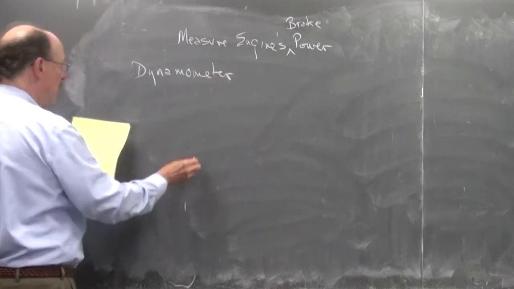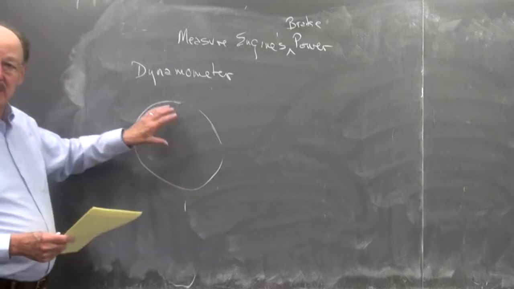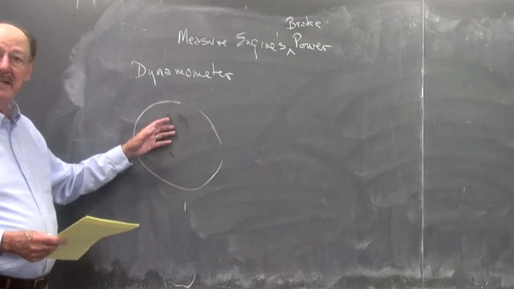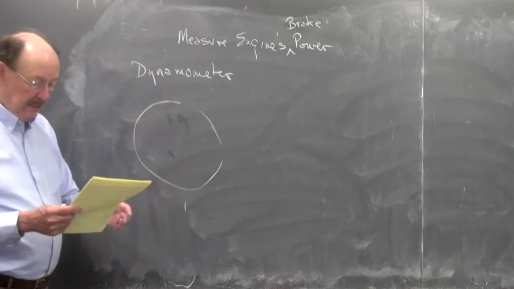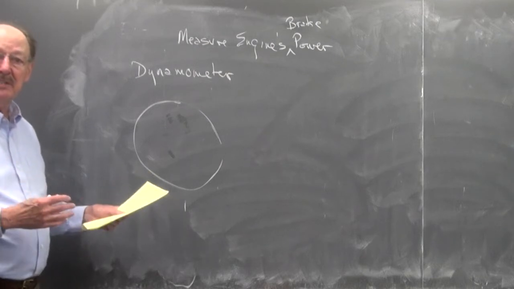So if I look at a dynamometer, I'm going to have something like this, and I'll have the engine hooked up to this. So I'll have the engine hooked up to this dynamometer. So it's going to be behind it, and the dynamometer I'm going to show with force, but a lot of times it generates electricity, etc.